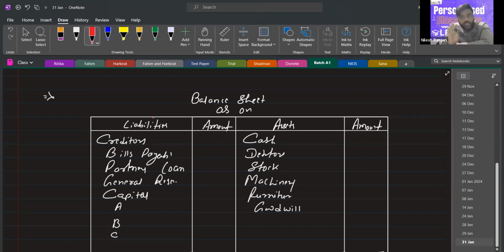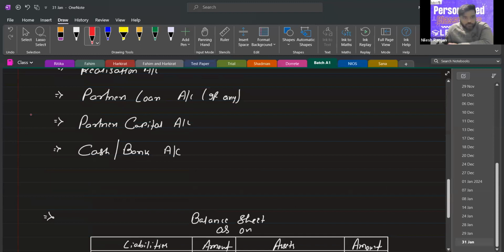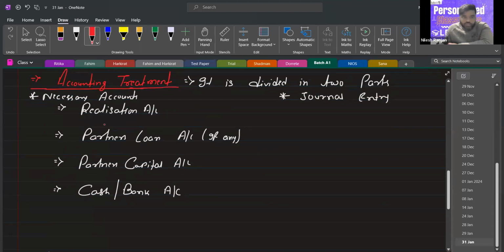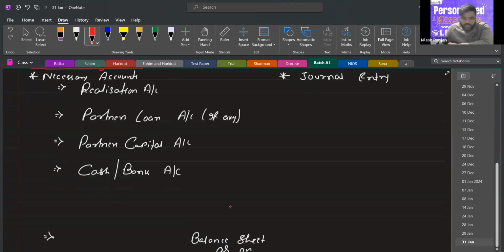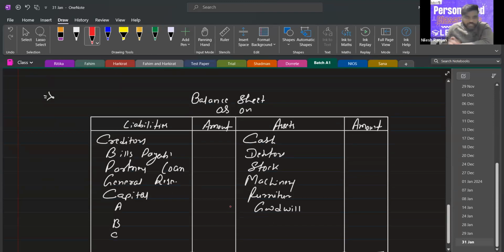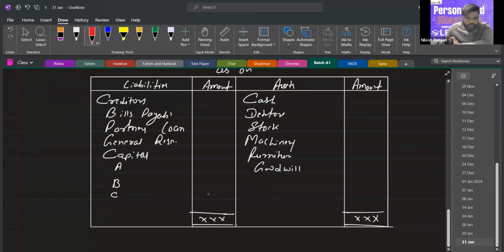There are four ledgers we are preparing here: realization account, partners loan account, partners capital account, and cash and bank. Some things we have to transfer to the same account, like capital, which will go to the capital account. Cash will go to the cash account.